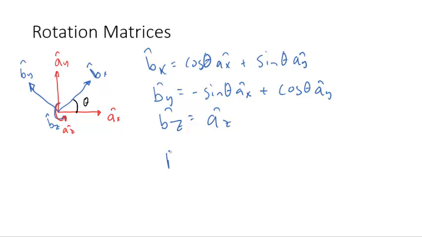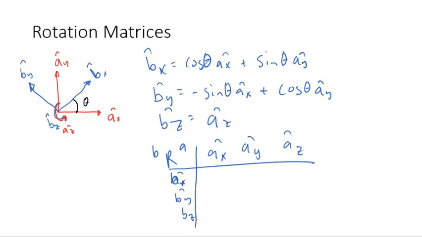To put that into a rotation matrix, to rotate from B to A, BX can be described by the cosine of theta AX plus the sine of theta AY plus 0 AZ. So we have cosine theta, sine theta, and we fill in 0 for BX.AZ. For BY, it can be described by the minus sine of theta AX plus the cosine of theta AY, and again, 0 AZ.